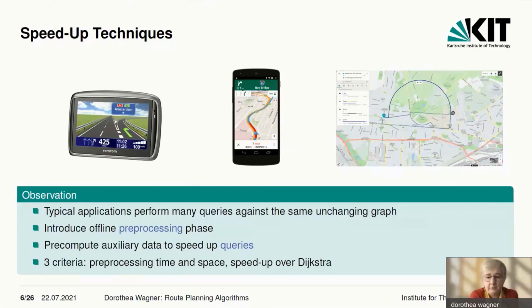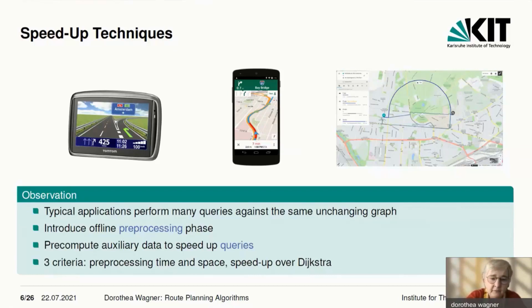And now we want to apply basically Dijkstra's algorithm, but it should be much faster than the pure algorithm or the redirected version. Needs to be much faster. And the idea is the following. We first introduce an offline preprocessing phase. And in this phase, we pre-compute additional information that can be used, say, by Dijkstra's algorithm to find the shortest path faster.